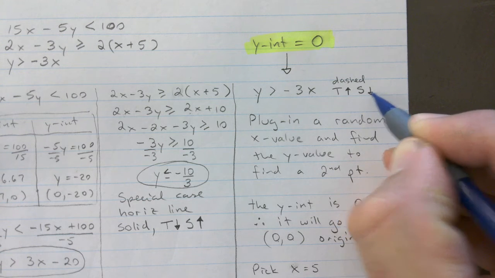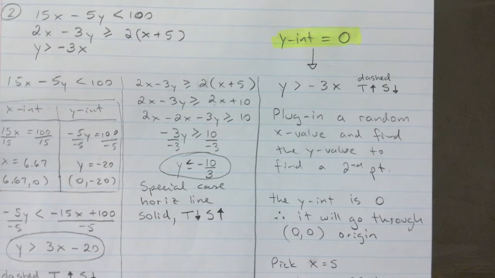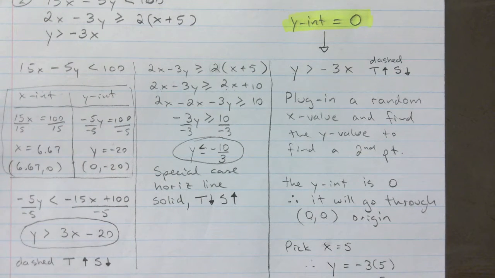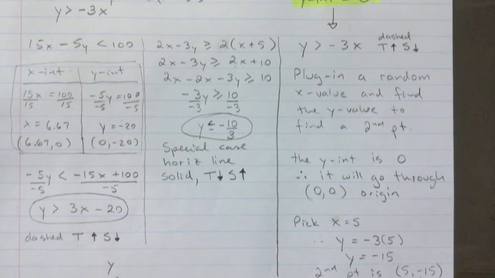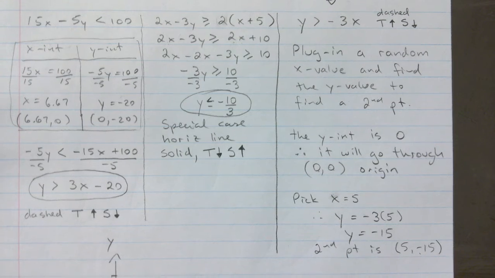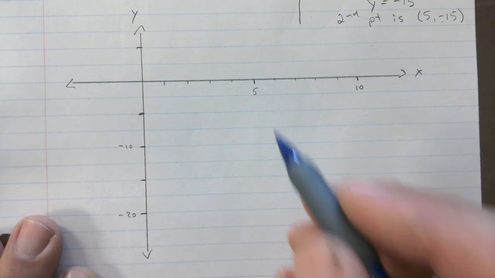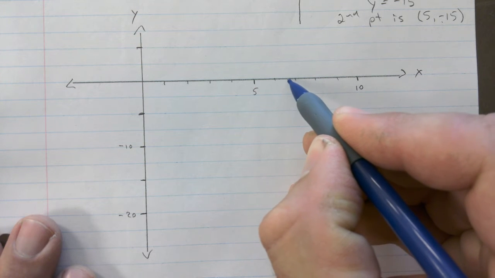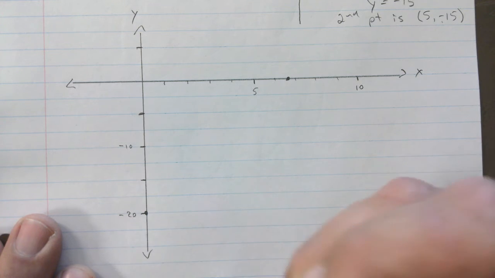I apologize if this is going to mess up your notes. True above, shade below. Okay, one line at a time. So the first one, 6.67 would be right about there. 0, negative 20 is there. It's dashed.